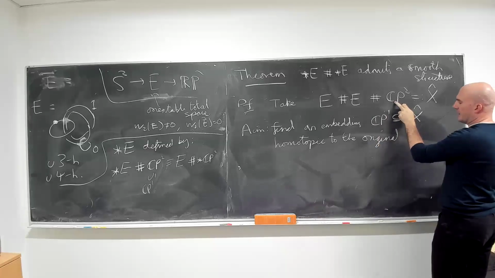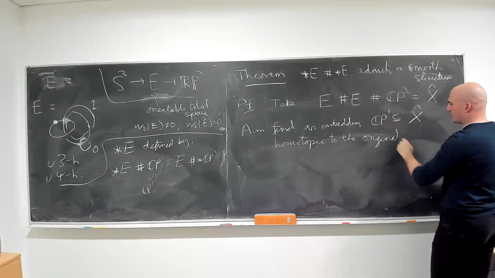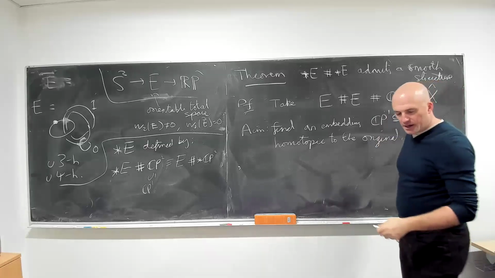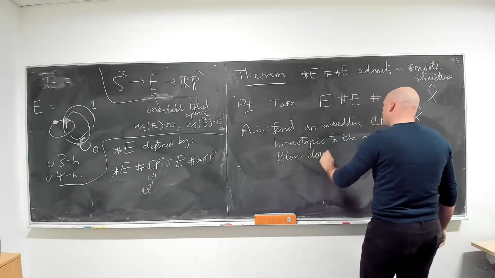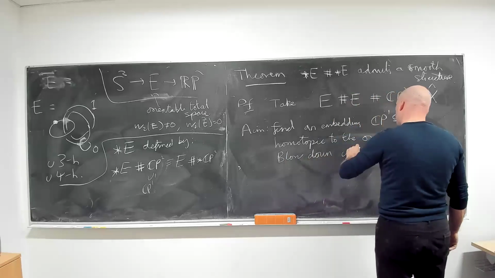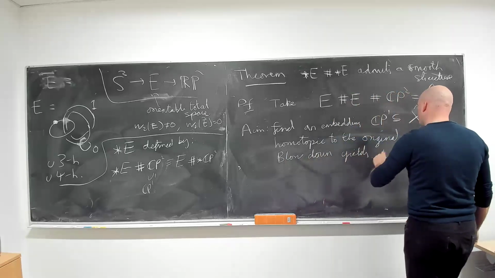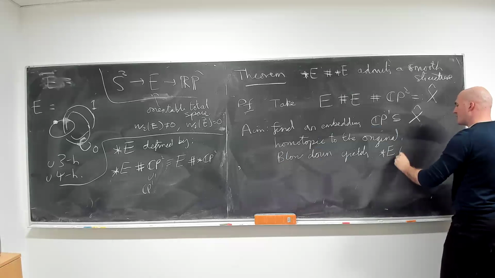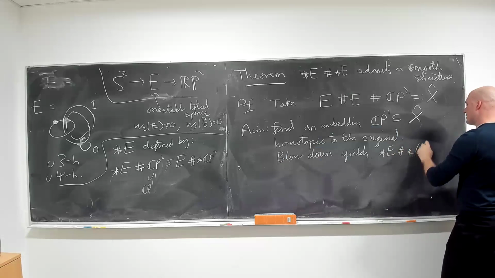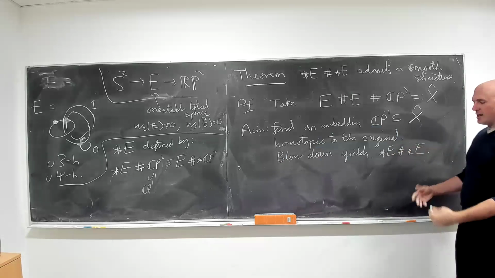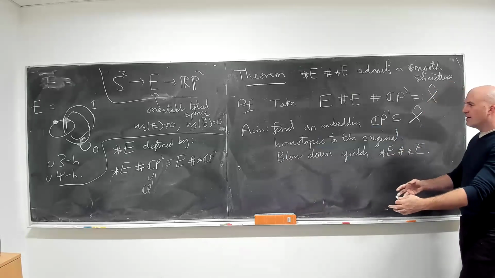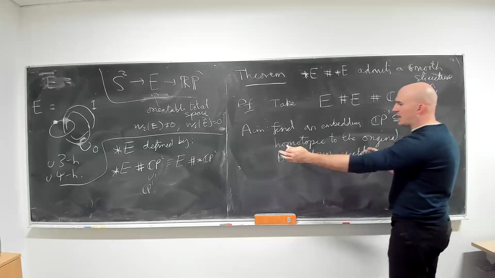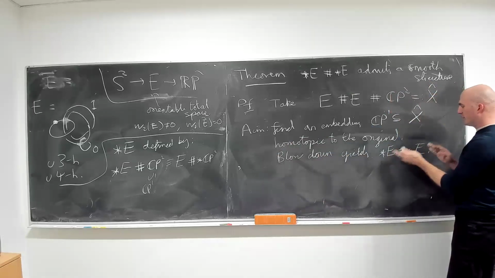There's a standard CP1 in here, and so I find one that's homotopic to it, and then blow down yields, we're going to do this in such a way that it yields star E connect sum star E. It's going to yield some smooth manifold, and we won't know what it is a priori, but then we'll be able to show using our classification that it actually is homeomorphic to this one that we wanted.